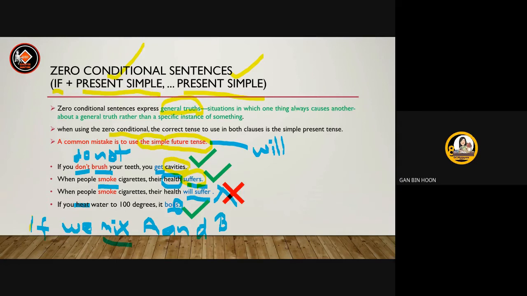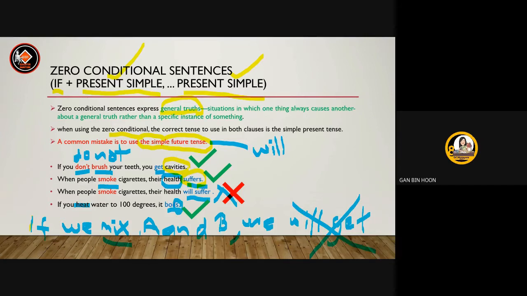So if you write, if we mix chemical A and chemical B, normally you will write, we will get. The moment you say we will get, this is wrong.